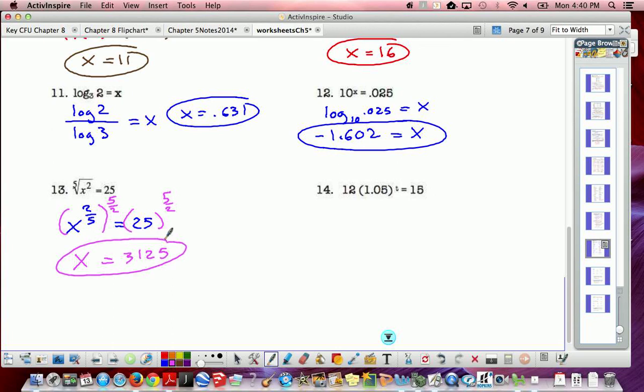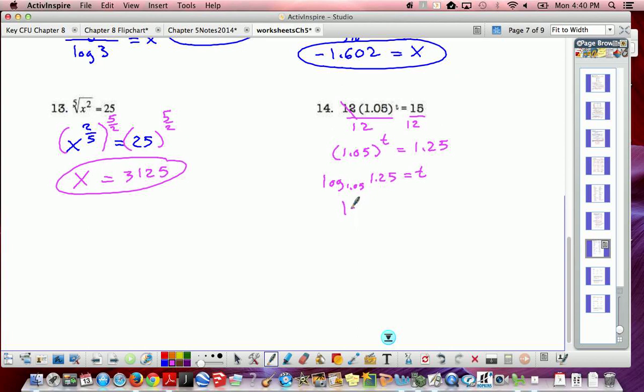Last problem, we're trying to solve for t. So before I do that, I've got to isolate the 1.05 to the t power by dividing by 12. So 1.05 to the t power equals 15 divided by 12 is 1.25. So now, rewrite this in log form. Log of the base 1.05 of the number equals t. So now, I'm going to do change of base.